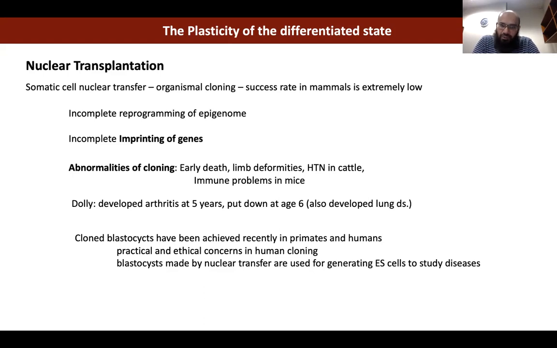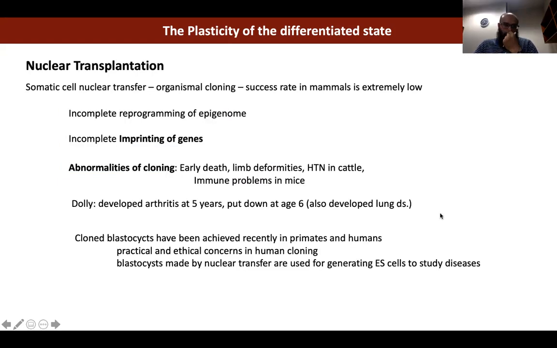But there are others who believe that if you want to save a human life, then you can give some justification for using animals. So there are both points of view.